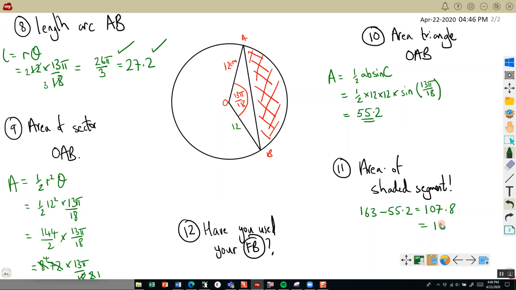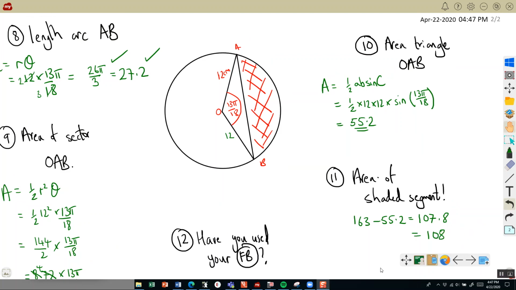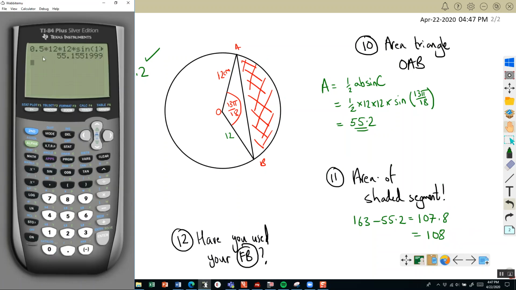So to 3 sig figs, 108. Now, if I wanted to be very careful and work this out exactly, the answer for the full sector was 52 pi, which is 163 rounded, and I subtract off all of this stuff, I get 108.2, so again to 3 sig figs, my answer is still 108. So if you use the exact values, you will still get 108.